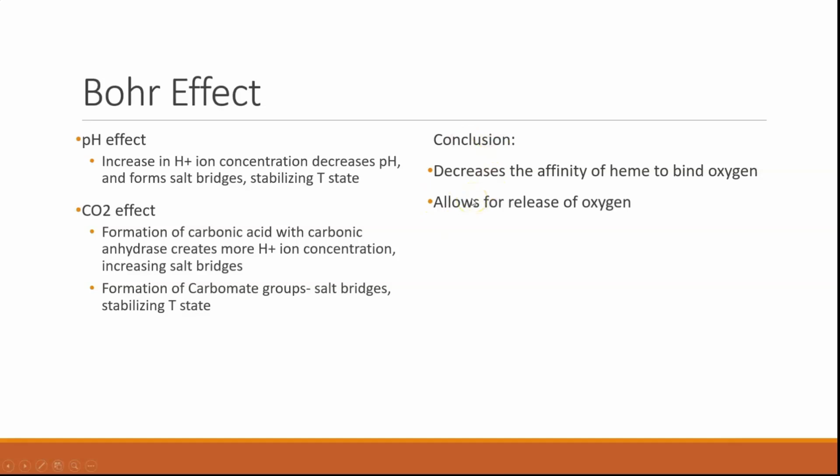And so both of these effects decrease the affinity for hemoglobin to bind more oxygen. Because again, the goal is to bind oxygen with an affinity that's high enough to bind, but also not so high that you can't deliver the oxygen throughout the tissues in the body when it's needed. And so that stabilizes our T state.